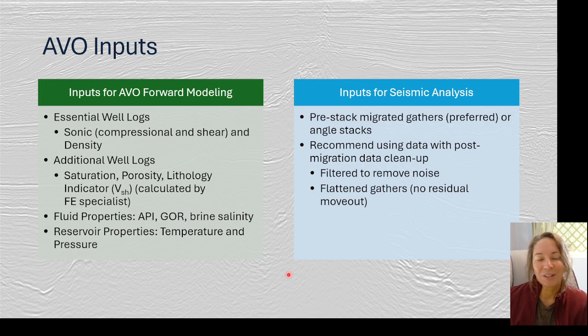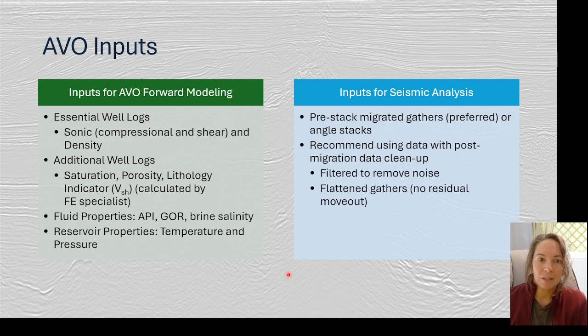Of course, the more data you have, the more accurate your results will be. Fluid properties are also really essential to have if you can get your hands on them, things like the API, the GOR, and the salinity of your brine. Temperature and pressure are also inputs into a lot of these for the full modeling effects.